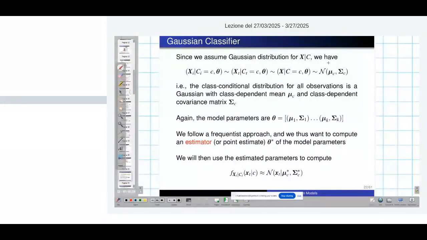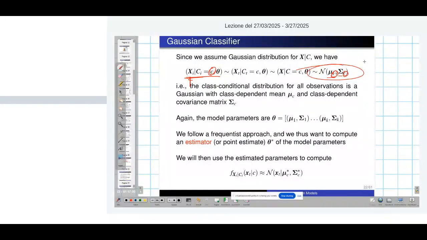And let's plug our model in. The class conditional distributions are Gaussian distributions with mean and covariance matrix that depend on the class label. So for each class, the distribution of the samples, given the class is small c, will be a Gaussian with parameters mu_c and sigma_c.